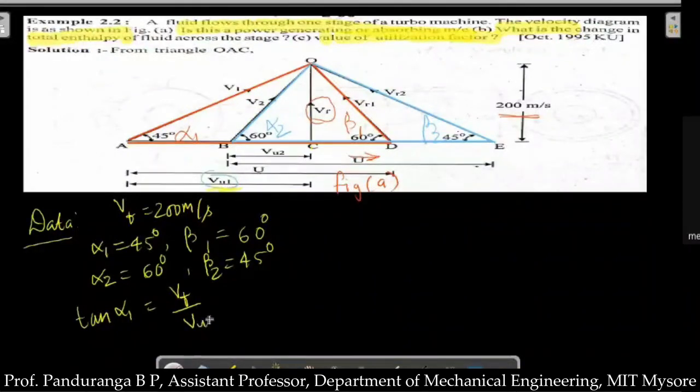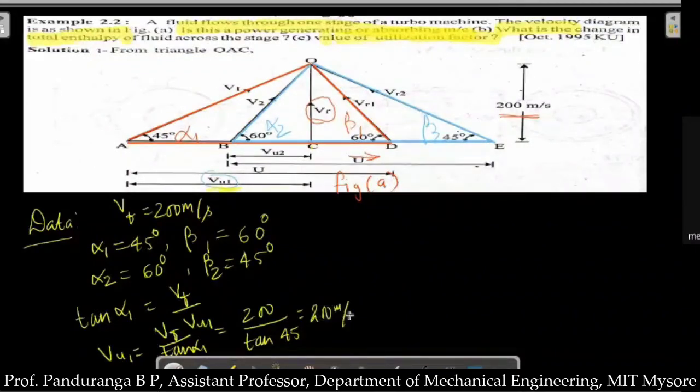So Vu1 will be equal to Vf divided by tan alpha 1, or 200 divided by tan 45. So what is tan 45? Tan 45 is 1. So Vu1 will be equal to 200 meter per second.